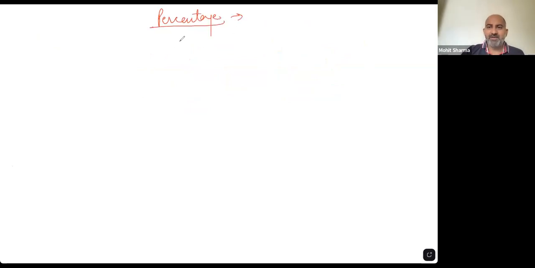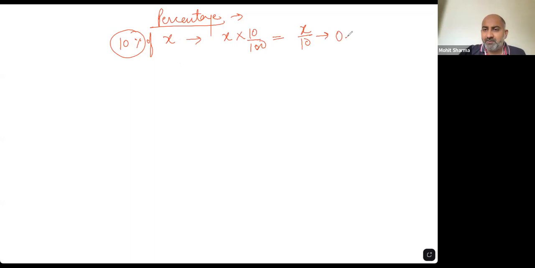So the basic percentage thing is, for example, if I say 10% of X, that simply means X into 10 by 100. Percentage means that number by 100. Now, we can keep it as X by 10, or we can put it as 0.1 of X. We can convert it to decimal, we can convert it to fraction.